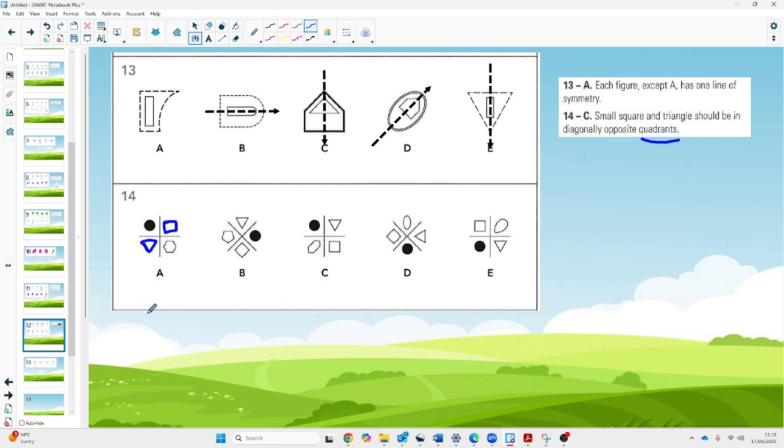If you have a look at all the others, apart from C, where you have the small square and they're not diagonally opposite. So that's the reason that C is the answer, whereas on all the others, the small square and the triangle should be diagonally opposite in the quadrant.